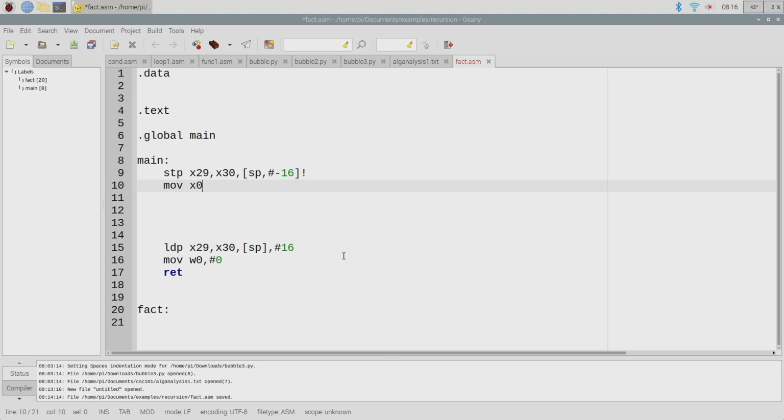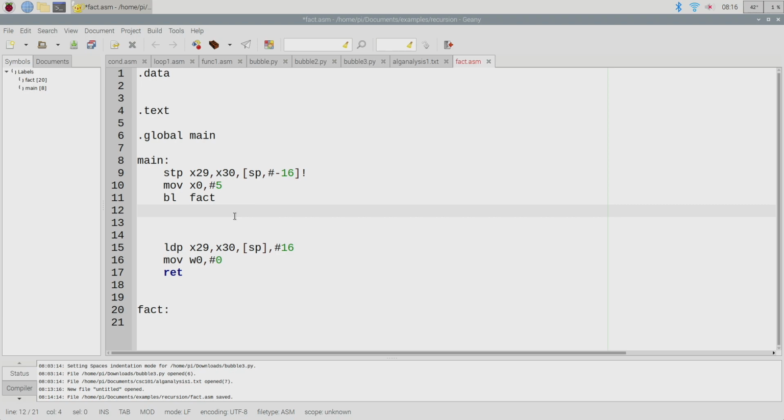So let me move the number 5 into x0 for sake of demonstration, and then I'm going to branch and link to fact. And the linking is going to become important in a moment. It may not have been important with our little square function before. Well, it actually was, but it's going to be super important here, and we'll talk about exactly what the linking part is doing when we get into GDB.